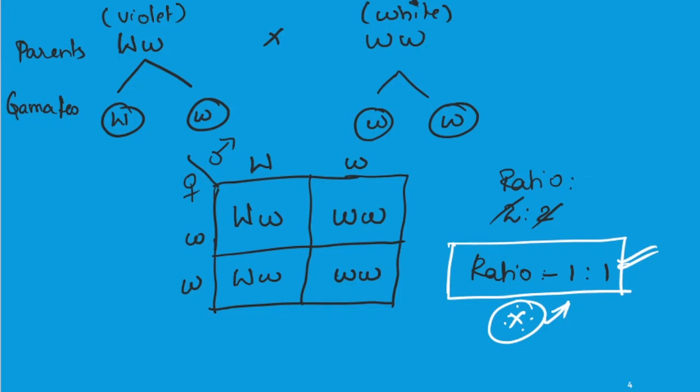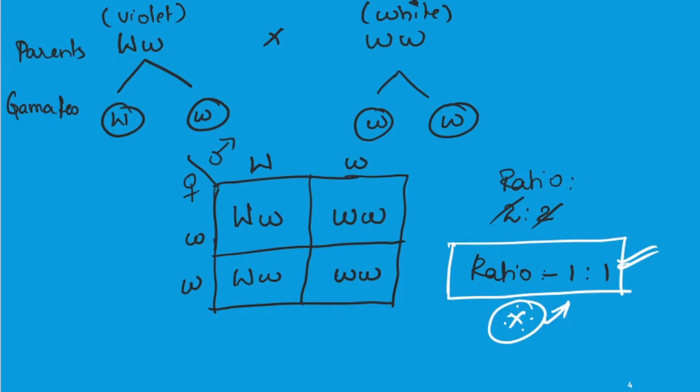First I represent the male, then the female, with capital W, small w, and small w, small w. What are the probabilities of the offspring?